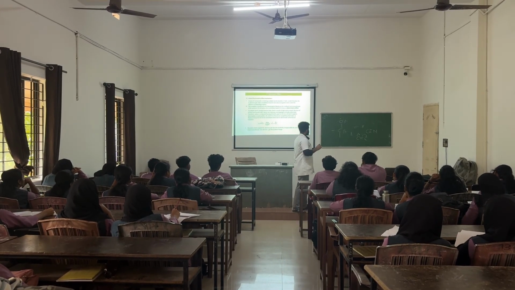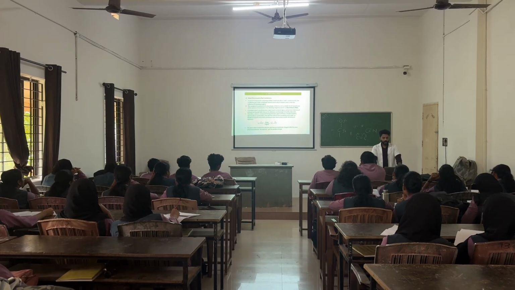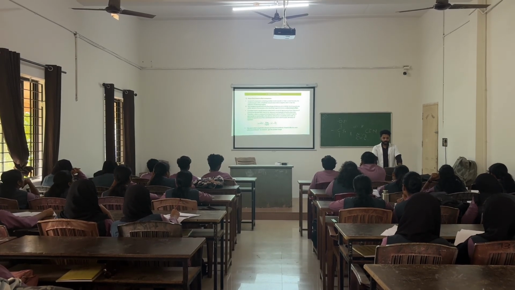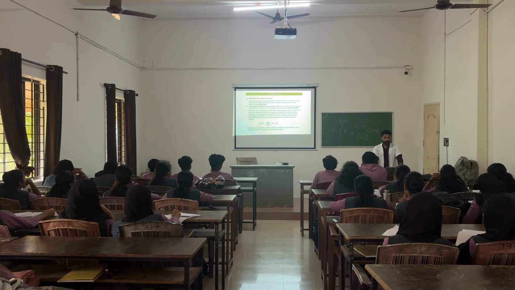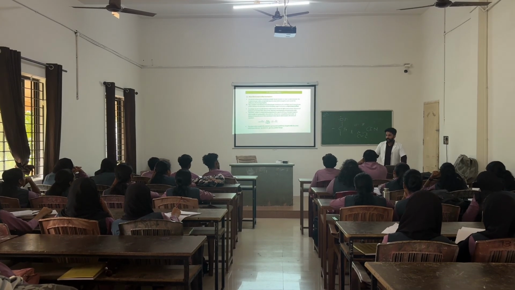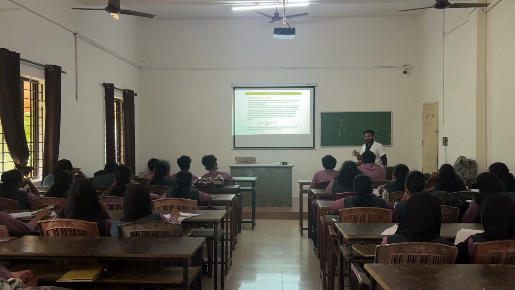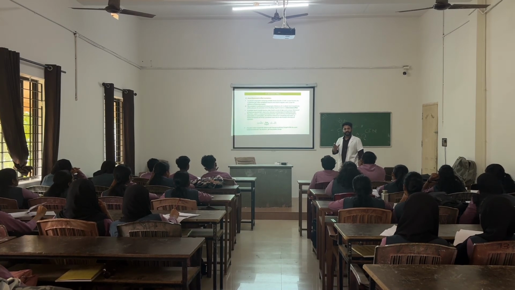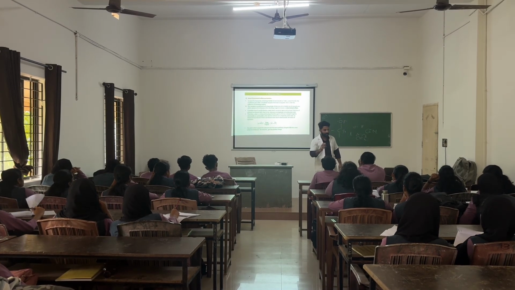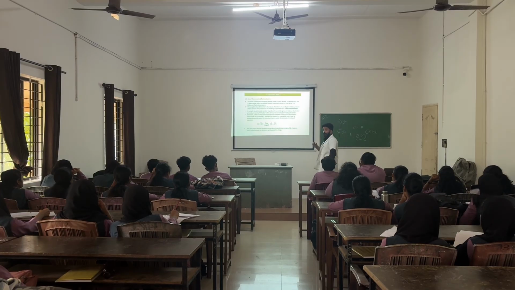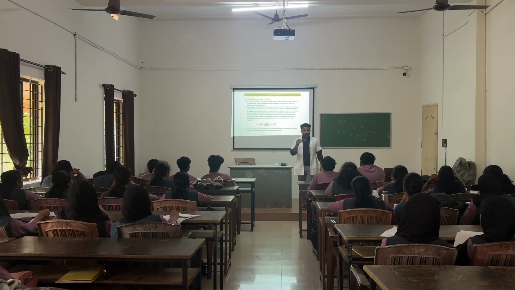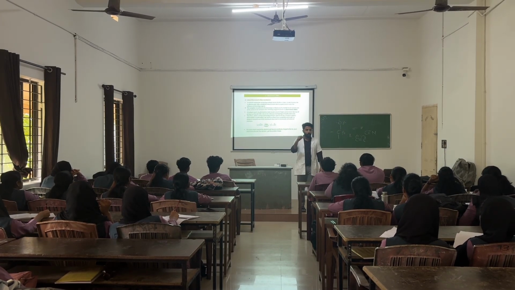This is the complete transfer of the shared pair of electrons of a multiple bond towards one of the atoms in the presence of an attacking reagent. This electromeric effect only happens in the presence of an attacking reagent. For example, in aldol condensation, the attacking reagent is the base, that is OH minus.